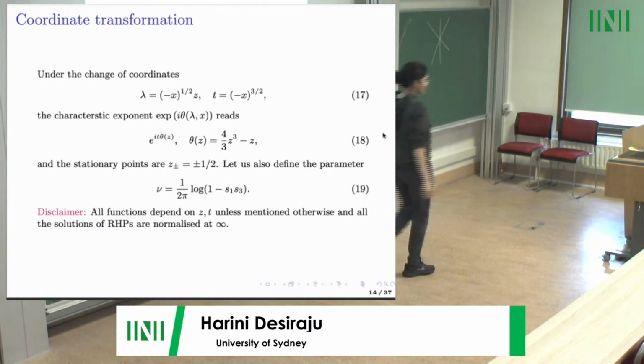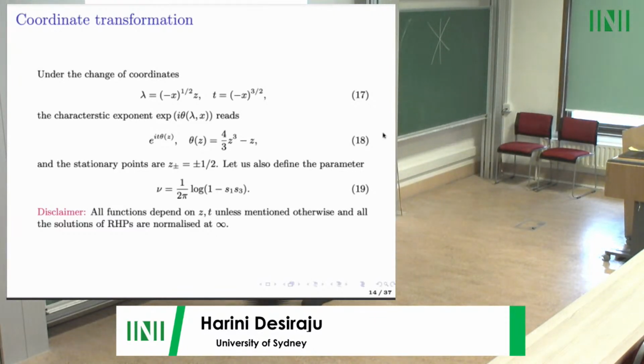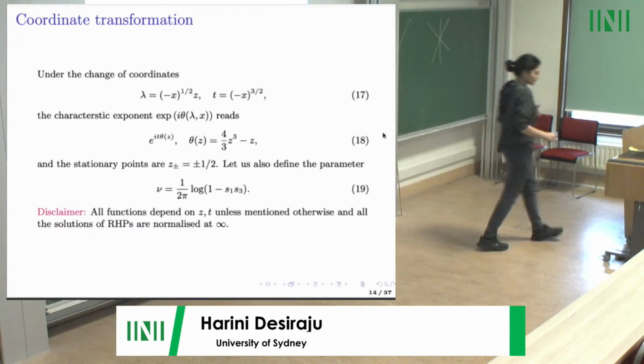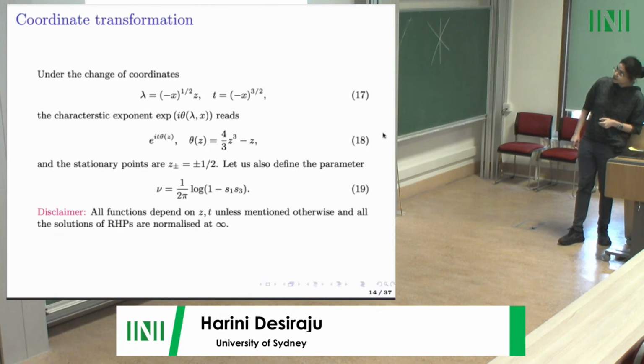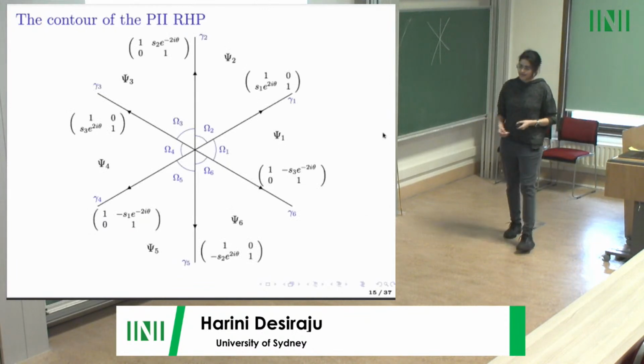Now under this transformation, the time part comes out, and theta of z, in terms of z, is just a cubic. This cubic has 2 stationary points at plus and minus half. So this transformation will first induce 2 stationary points at plus half and minus half. Then I'm also defining this quantity nu, which is defined in terms of S1 and S3, so you can just keep track of mu. Everything is normalized at infinity.